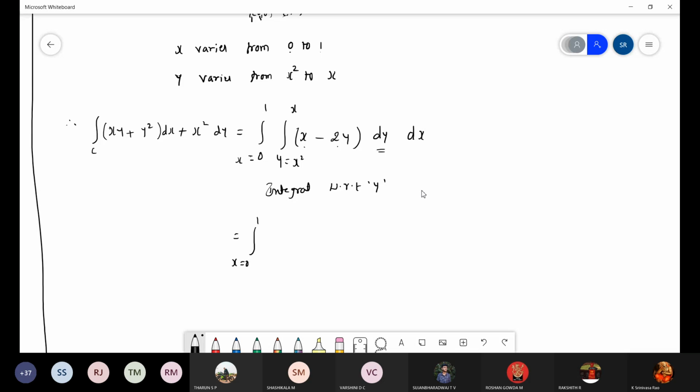Anyone? xy minus 2y squared by 2. The 2 cancels, I will write only y square. So for this I have to substitute the limits: upper limit y equals x, lower limit y equals x square, dx.